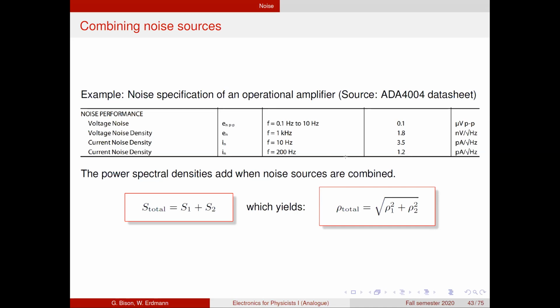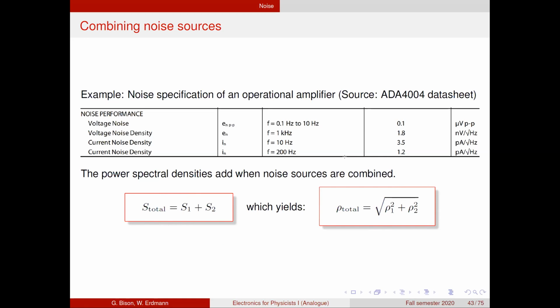Now, in general, if we want to combine different noise sources, we see we have current noise, voltage noise. There might be contributions from 1/f noise and contributions from white noise. If we want to combine them, we can combine the power spectral densities directly. We can directly add them. And as I've said, if we want to combine amplitude spectral densities, we have to square them, then do the linear operation, and then take the square root again.